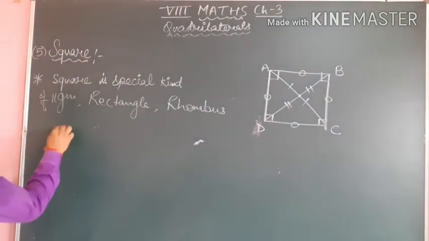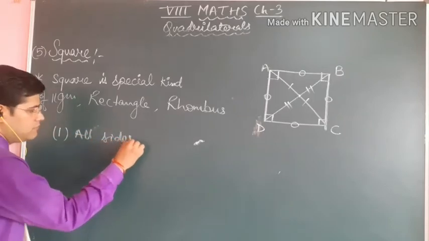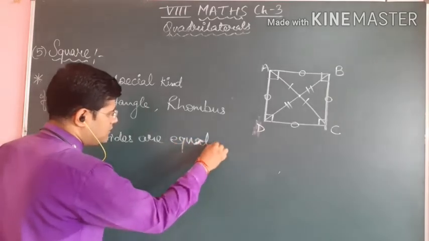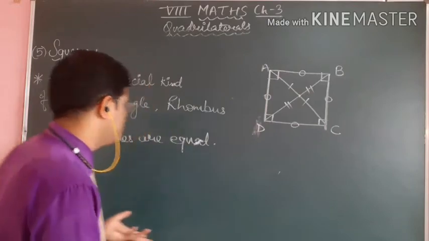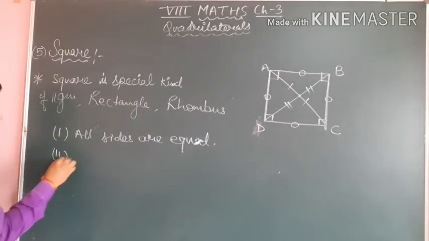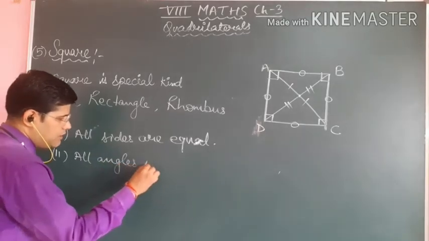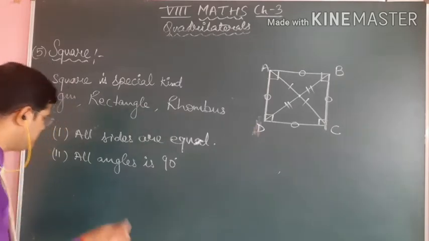So we can write in shorthand, all sides are equal. It means adjacent sides are equal, opposite sides are equal. The second one, all angles are 90. It means opposite angles are also 90, so those are also equal.